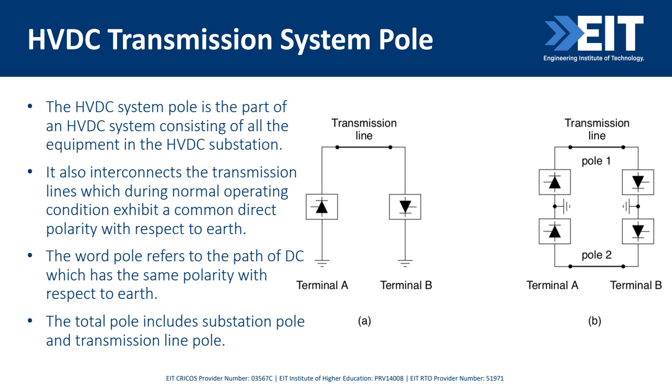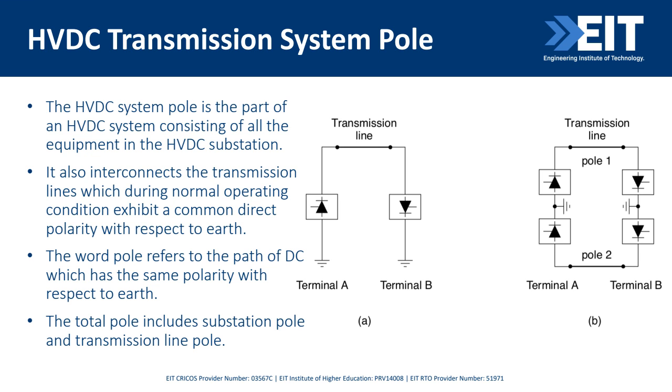So the pole, as I said, has different meanings in terms of HVDC transmission. Pole is actually part of the line in HVDC transmission. The conductor which carries the DC power is called the pole.